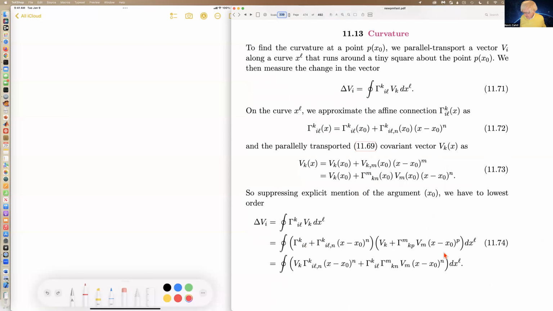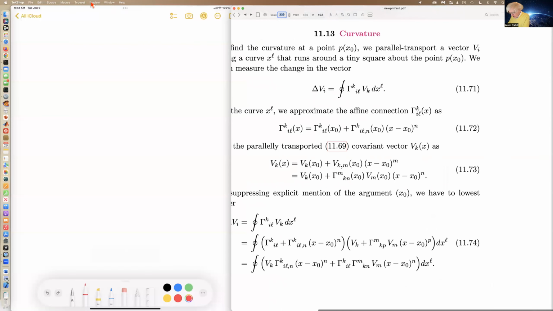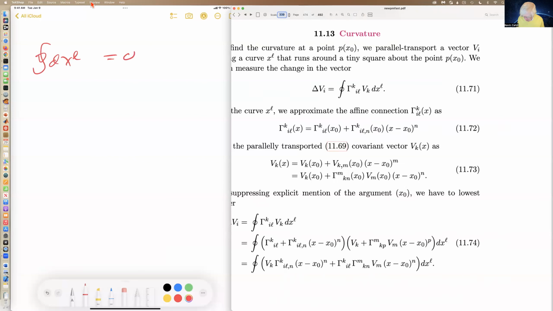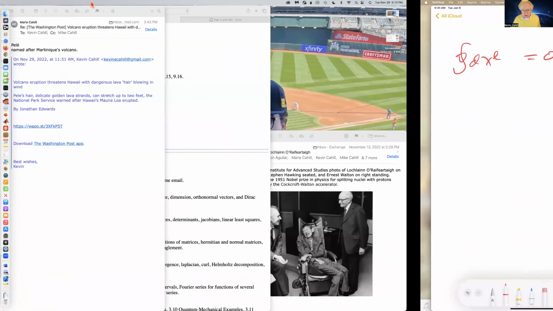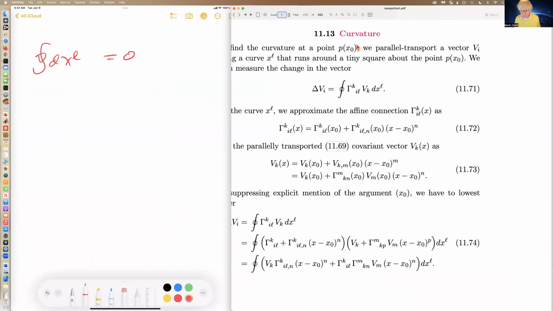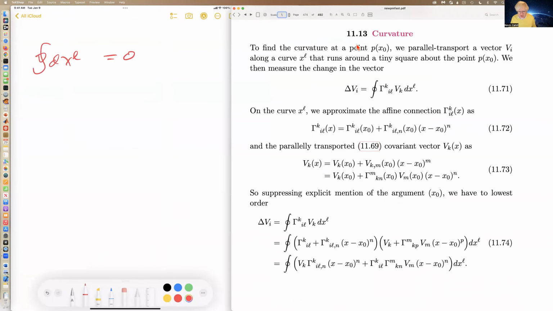And then first notice that the integral of anything times dx^l is 0 because it's a loop. So you're going back to 0. And so that integral is 0. So when we put this gamma and this v in there, we get to lowest order these terms.